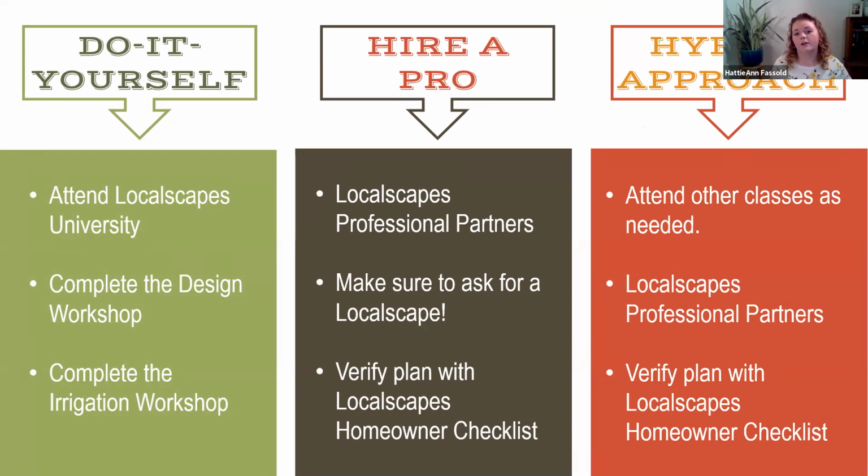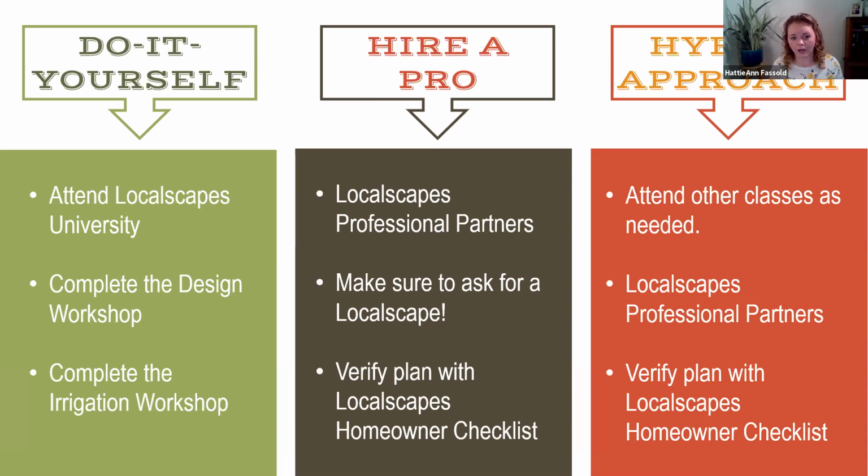You can hire a pro, somebody who can do it all for you. Through the Localscapes website, you can actually go on there and email. There's a Facebook page that you can become a part of to have people recommend who you can contact to be able to come and do your yard.